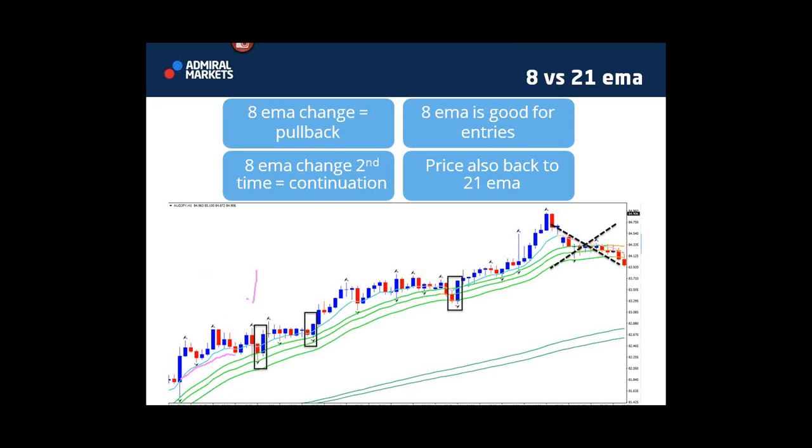And the first time it becomes bearish, that's a pullback. All right? That's what I consider a pullback. And when it turns back bullish, right here, that could be seen as a continuation. Break, pullback, continuation. So those are potential entries right there when the 8 EMA switches and then turns again the second time.